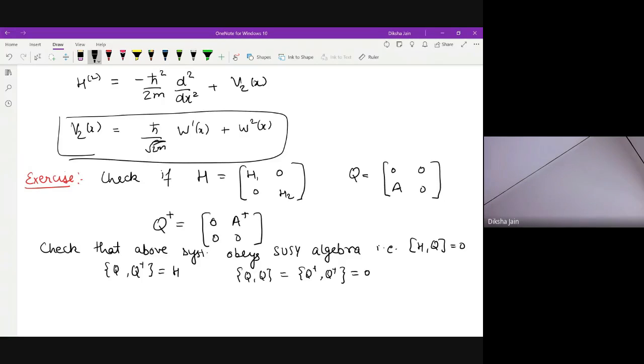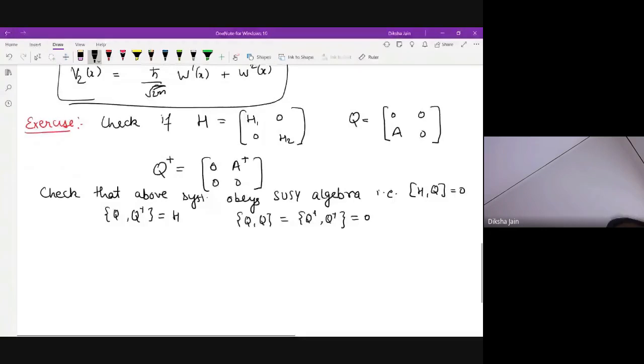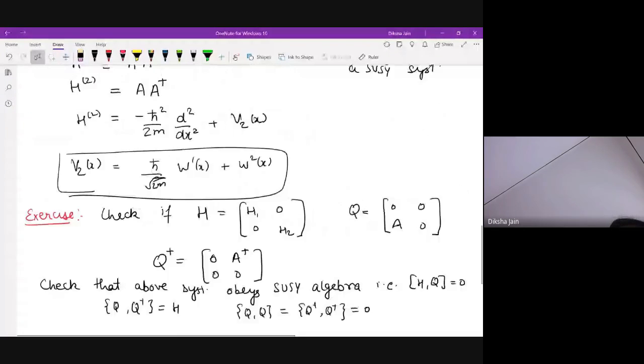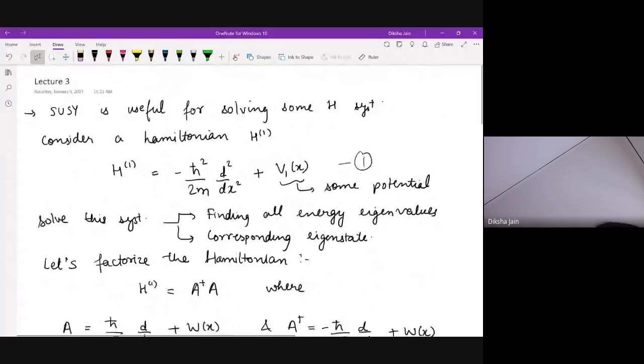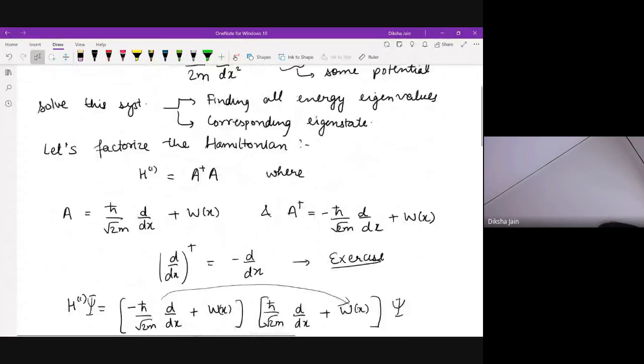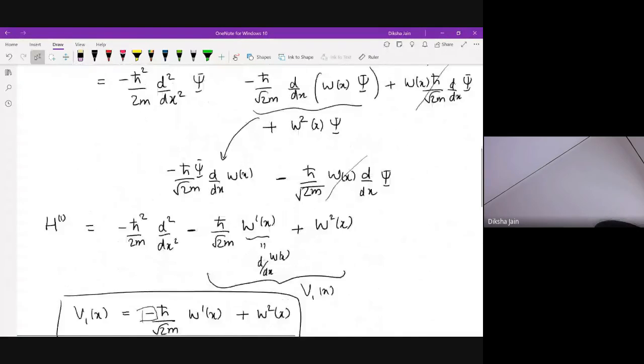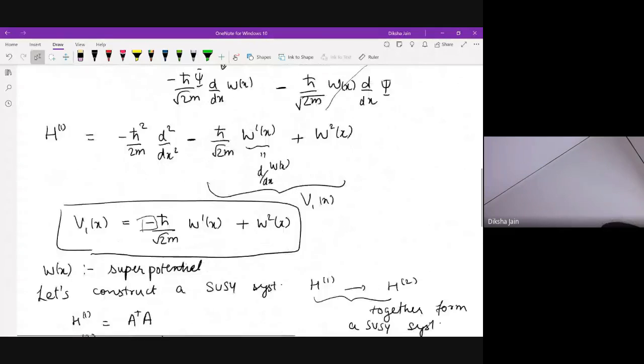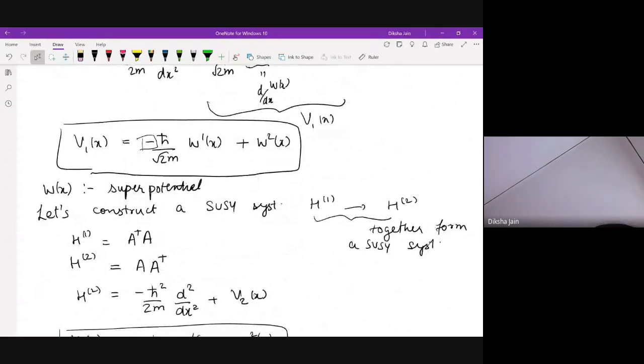Okay. Now, given a potential V1, my original goal was to solve for this Hamiltonian H1. What I did was rewrite it in terms of the superpotential, and then define another Hamiltonian H2.